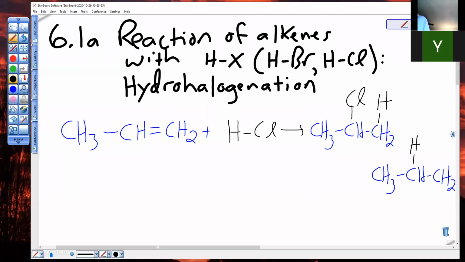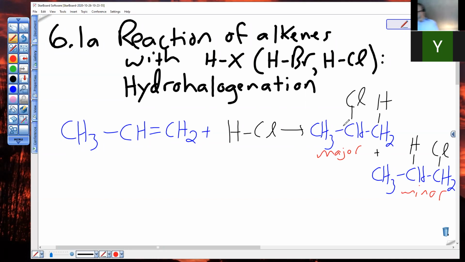And the minor product, for reasons we have almost already discussed, we get major and minor. It has to do with carbocations. The secondary carbocation will become this product.